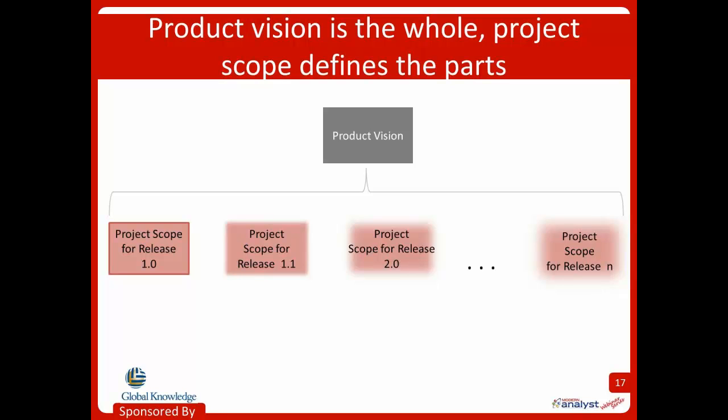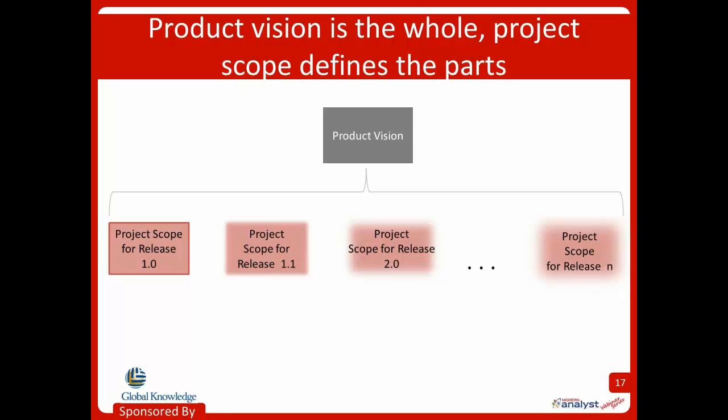So scope is more dynamic than vision because the stakeholders adjust the contents of each release within its schedule, budget, whatever constraints we have to work with. So the scope for the current release that we're working on should be pretty clear, right? We know what our constraints are. Let's define that scope.